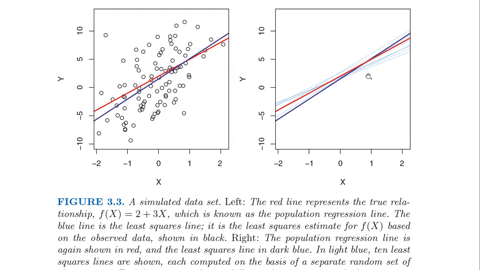We get all these different lines. So there's no way that we would ever feel that our estimated beta naught and our estimated beta 1 are the true beta naught and beta 1.